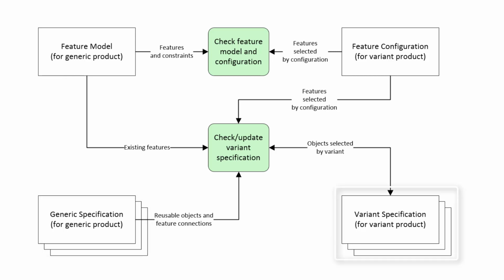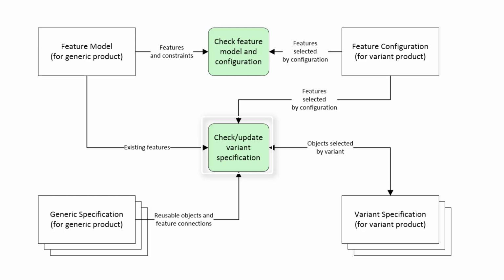To the lower right is the set of variant specifications being controlled. In DExVariants, these are pick lists in a generic specification, in the generic specification module. Finally, in the middle is the check update variant specification tool.